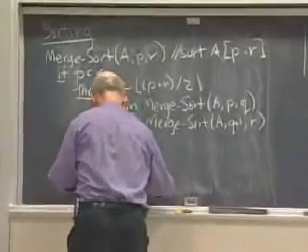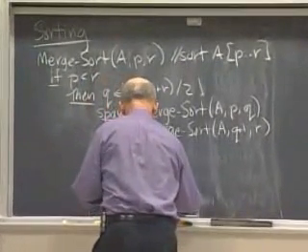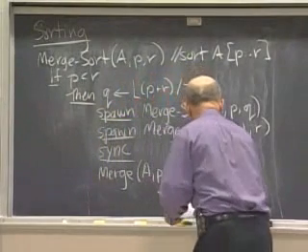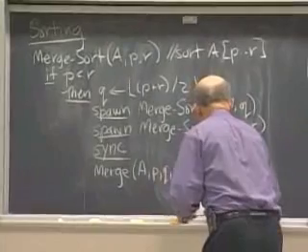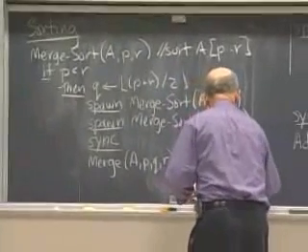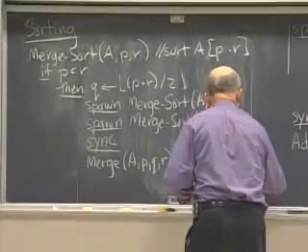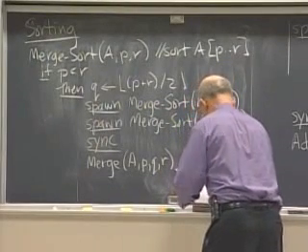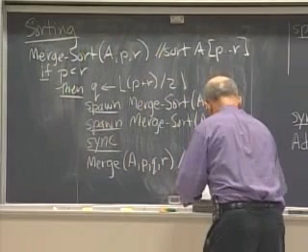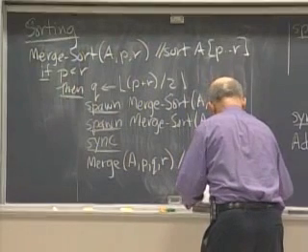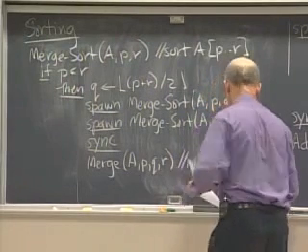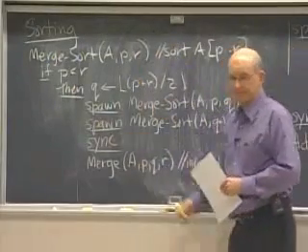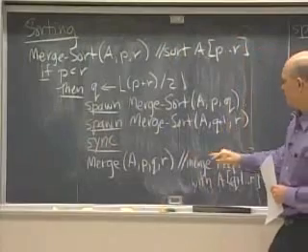So we merge A, P, Q, R, which is merge A of P up to Q with A of Q plus 1 up to R. And once we've merged, we're done.